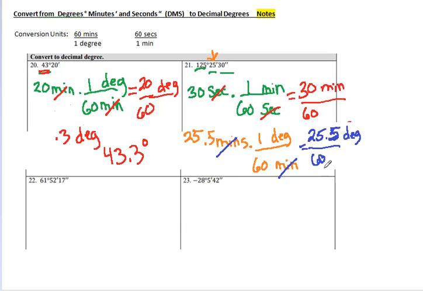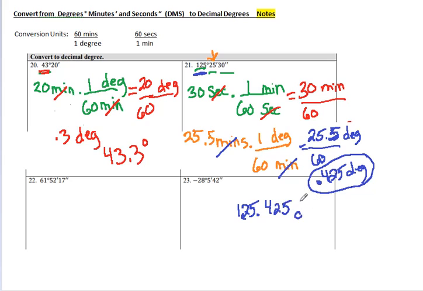And if you were to put that into your calculator, then what you would get is 0.425 degrees. So what we would do is stick these degrees along with the degrees that we have there, which is going to be 125.425 degrees.